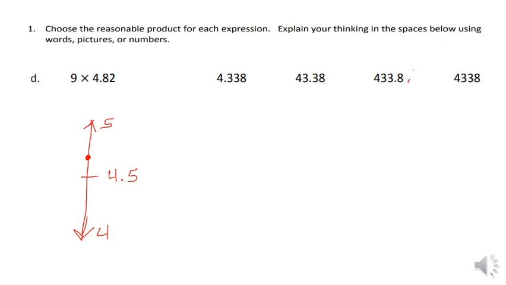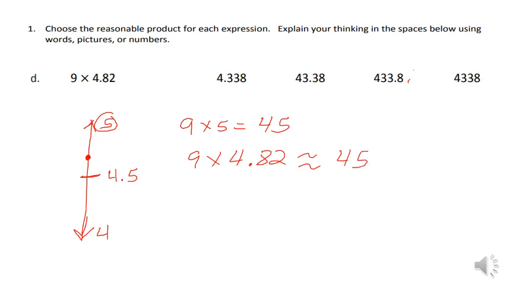And anything in the middle and up is going to round to 5. So now I know that 9 times 5 equals 45. So I know that 9 times 4 and 82 hundredths has to be approximately 45.